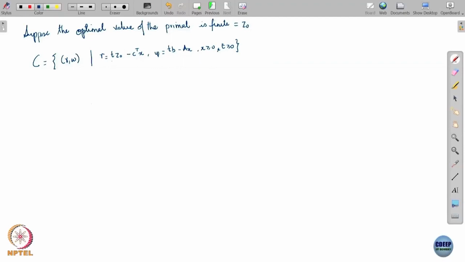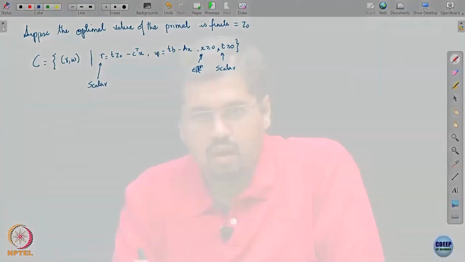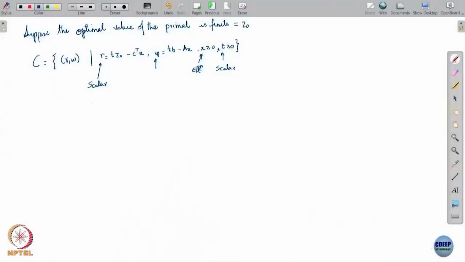X is a vector in the original space, so X is a vector in Rn. R therefore is a scalar. What about W? What is the dimension of W? The length of W is as many as the rows of A, so W is in Rm. So, C itself is a subset of R^(m+1).